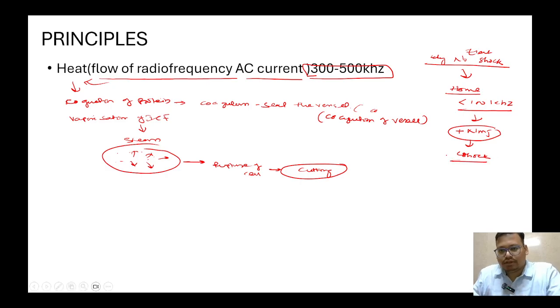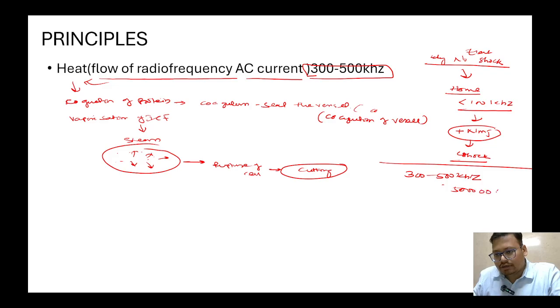But the frequency of this generator is usually 300 to 500 kilohertz. Kilohertz means 500,000 hertz, that means cycles per second.